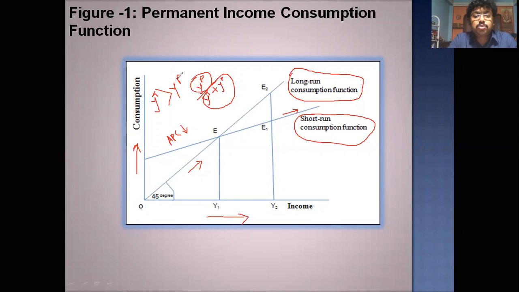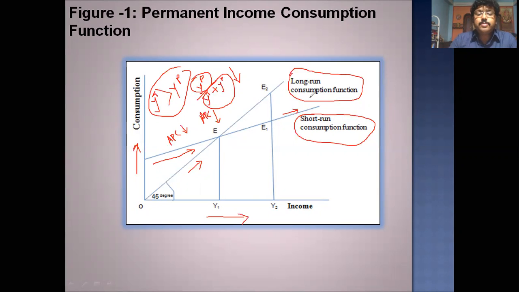When this type of situation occurs, then YP by YT plus YP will decline, and then the APC will decline. So in the short run, we have this type of consumption function, which is similar to Keynes's consumption function. But in the long run, there is no such understanding that the average propensity to consume will decline. The average propensity to consume is constant in the long run.